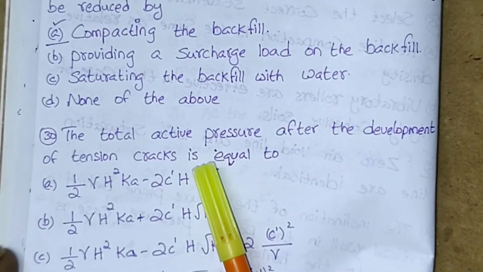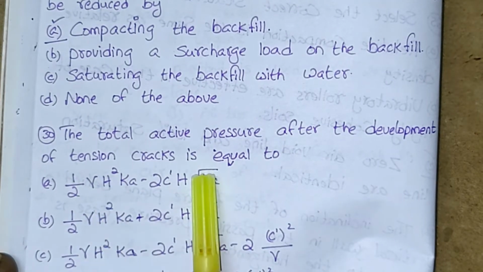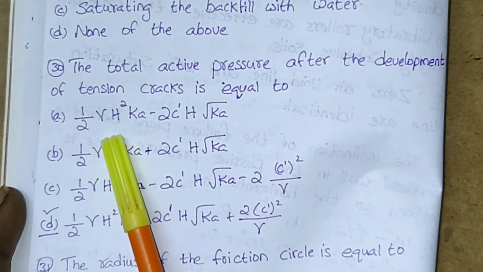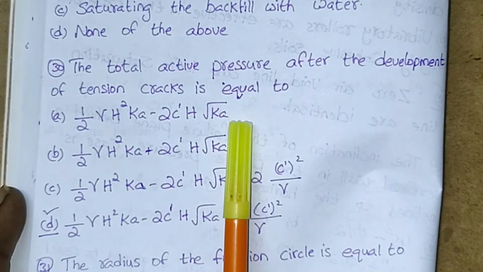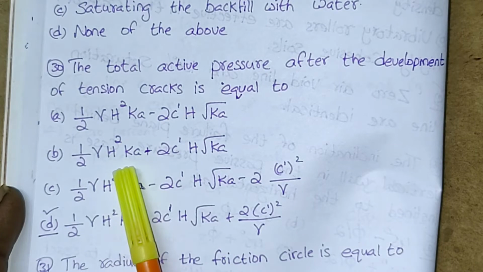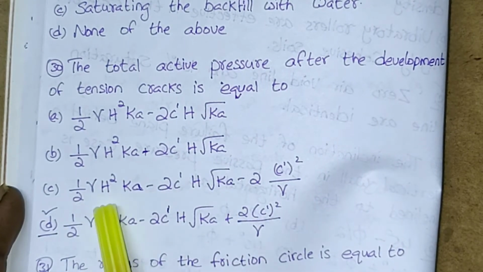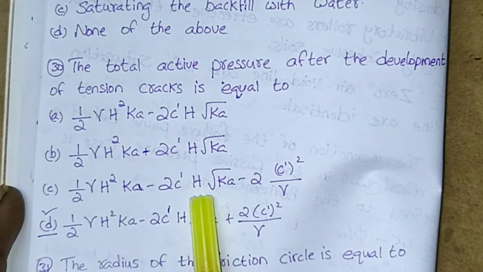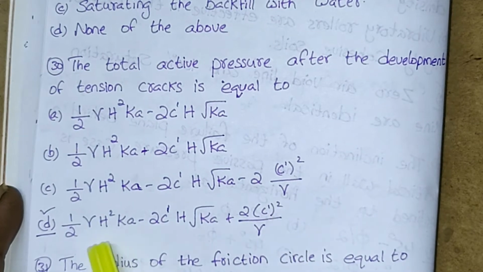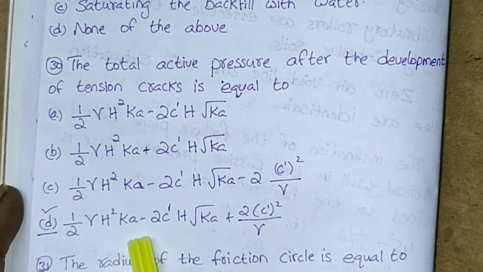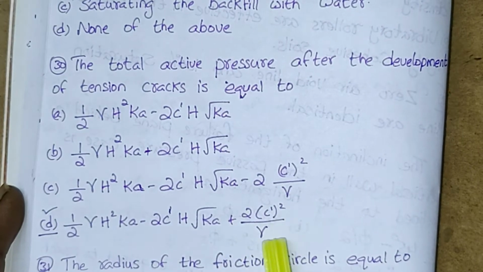Next, the total active pressure after the development of tension cracks is equal to 1 by 2 gamma h square Ka minus 2c h into root Ka, 1 by 2 gamma h square Ka plus 2c h into root Ka, 1 by 2 gamma h square Ka minus 2c h into root Ka minus 2 into c square by gamma, 1 by 2 gamma h square Ka minus 2c h into root Ka plus 2 into c square by gamma.